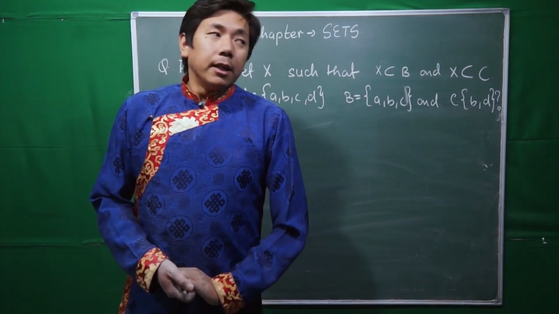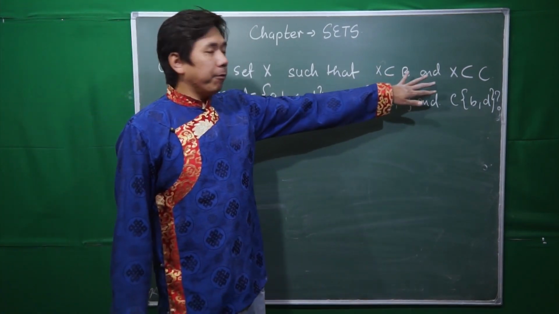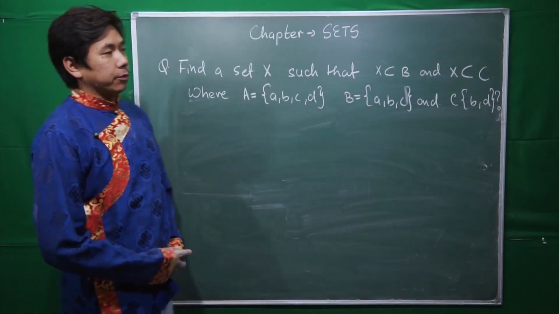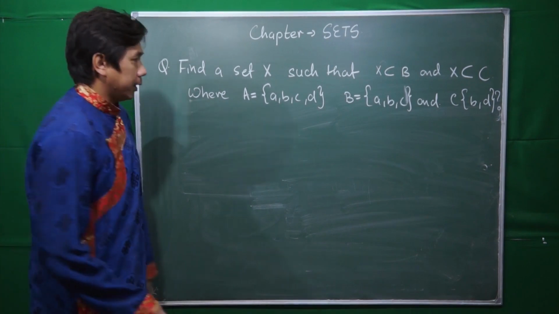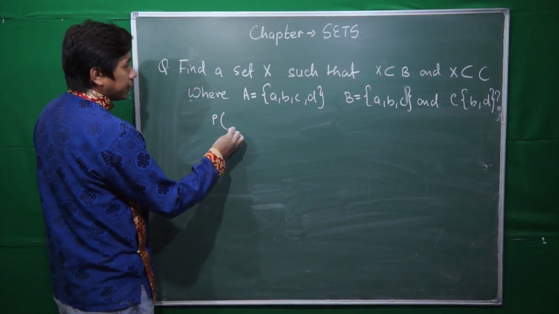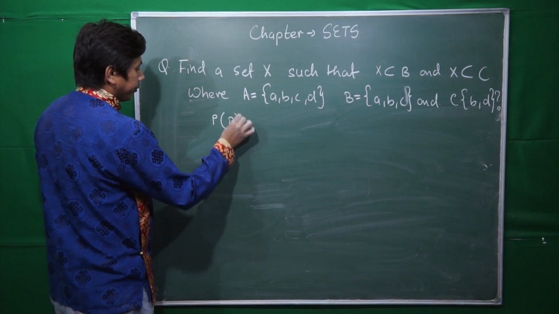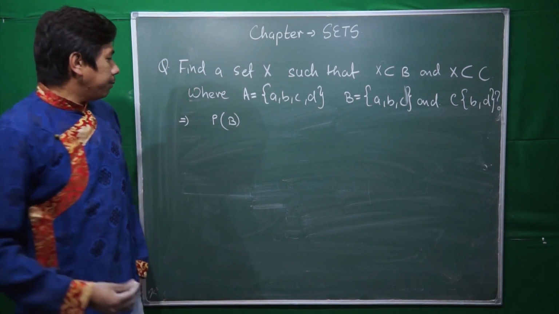Now you need to find a set X such that it is a proper subset of B and C as well. To find that, we'll use the method of power set. So we have to find the power set of B.